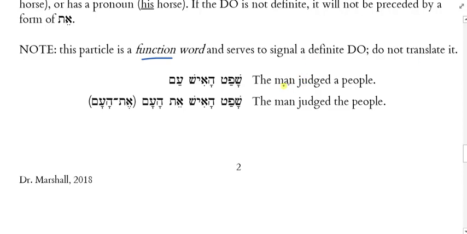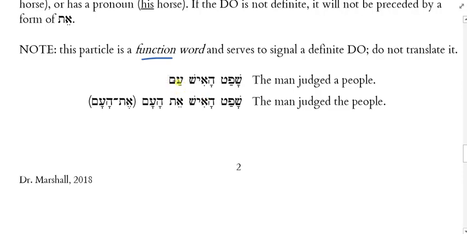I have first, and you can repeat after me, Shafat ha'ish am. Here I have he judged, and I have my subject, ha'ish, the man judged, and here's my direct object, am. Now notice that am as the direct object has no article.